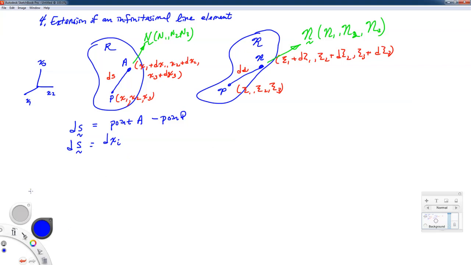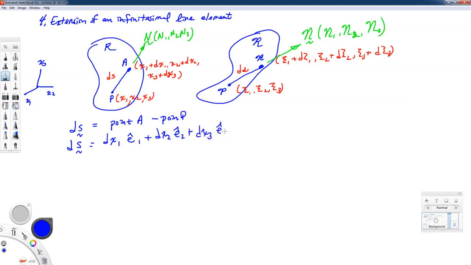Let's write it this way. In the ijk coordinate system, we'll say that it is dx1 in the e hat 1 direction plus dx2 in the e hat 2 direction plus dx3 in the e hat 3 direction. Or we can think of this as i, j, and k if we would like.